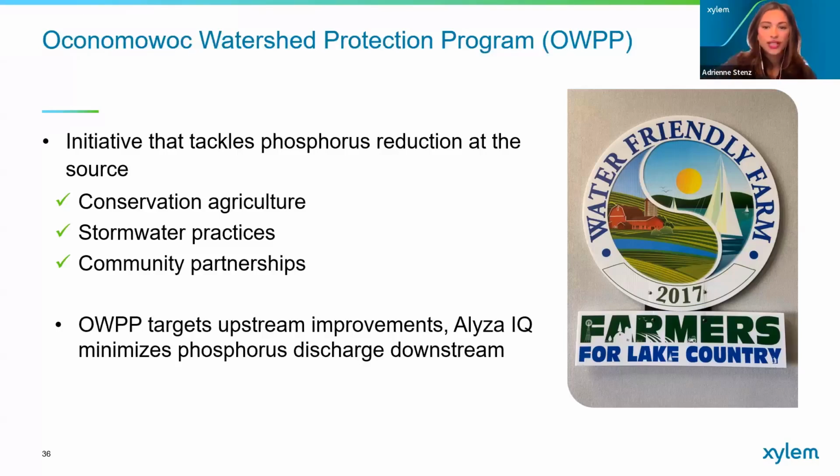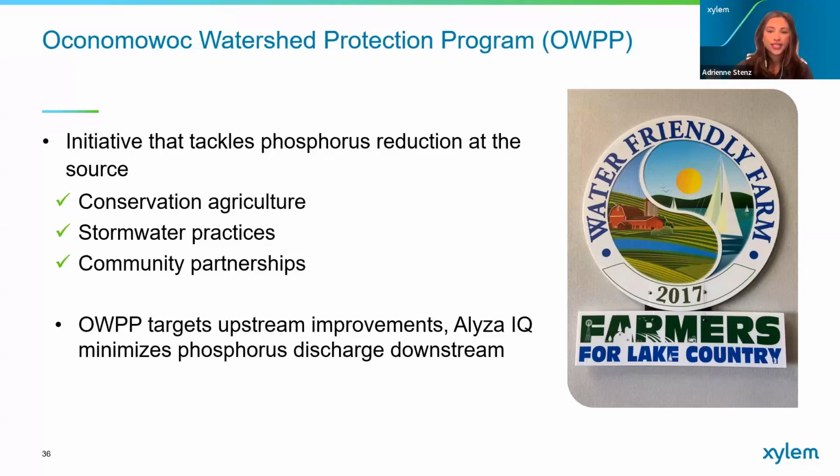This program includes a range of impactful strategies such as conservation agriculture, like cover cropping, filter strips, and low-impact tillage. It also includes stormwater improvements like aggressive street sweeping, leaf collection programs, and rain garden programs for residential properties.